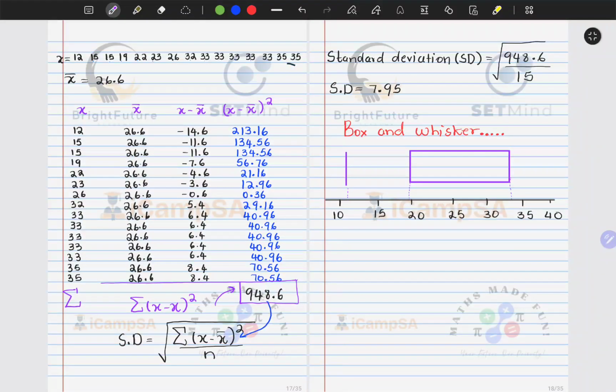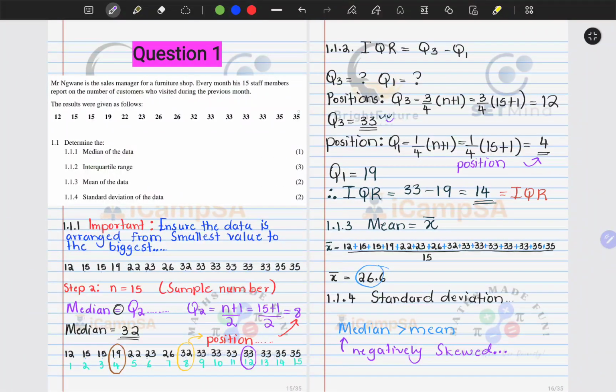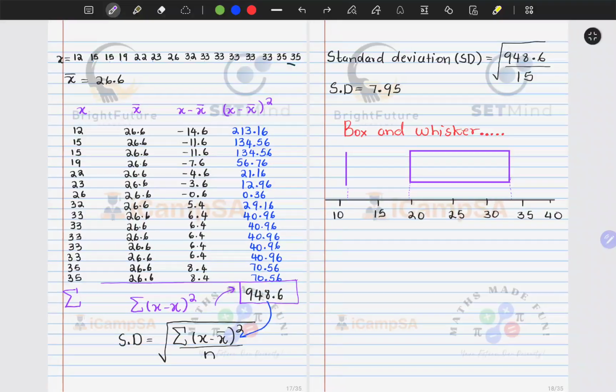Okay. And then let's have a look at the maximum. The maximum value is the last one, which is 35. So we should have a line here. Let me make it straight, put in a line, and we can erase. Okay. So that's our 35. So all we need to do now is just connect.